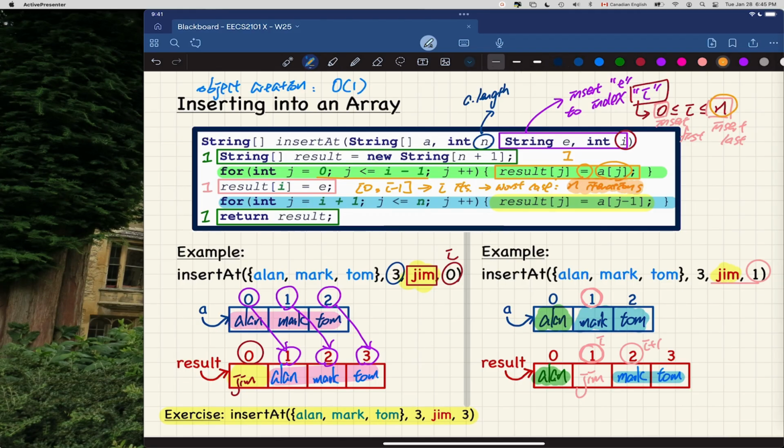What about the second for loop over here? It's going to be from I plus 1 to n. Let's specify the closed interval: I plus 1, n. Now this one might be the one where we need to apply the formula. How many integers do we have in this closed interval? Anybody tell me? Not exactly.